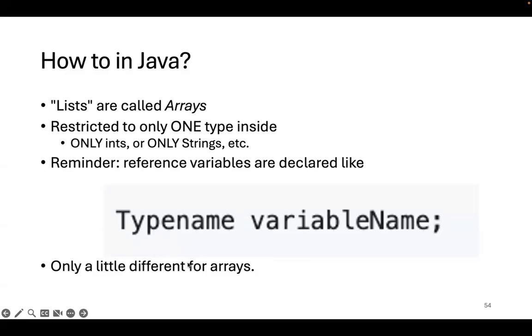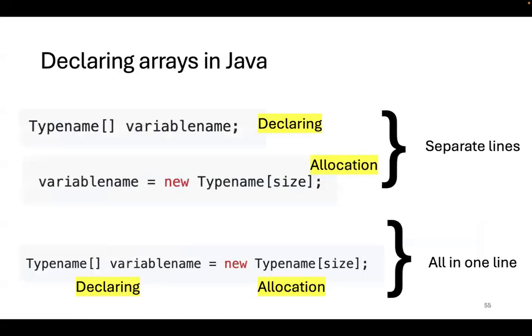And so normally we have the type name and then the variable name. It's a little bit different for arrays. For normal variables, we have declaring and we have initializing. For arrays, we have declaring, allocating, and then initializing.